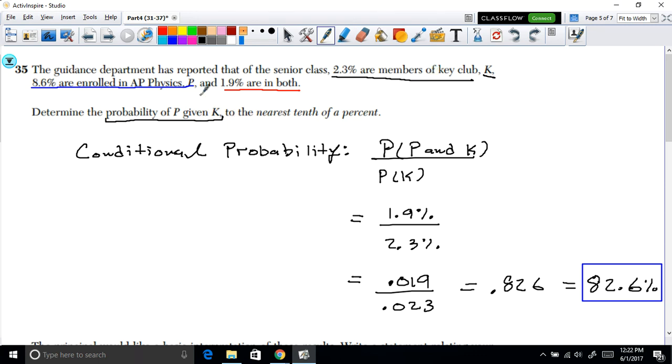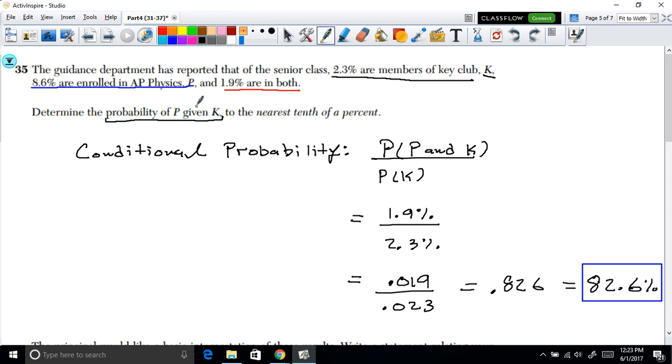Because we've been given K, we first look at the group of individuals who are in K, which is Key Club members. And then out of that population, we're going to see which of those Key Club members also belong in AP Physics. And we found that out to be 82%.